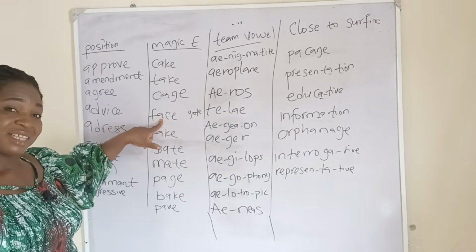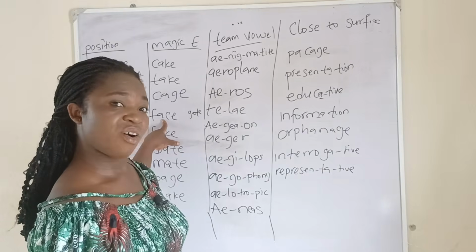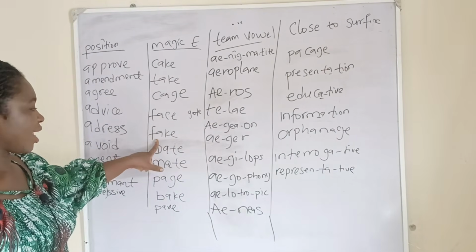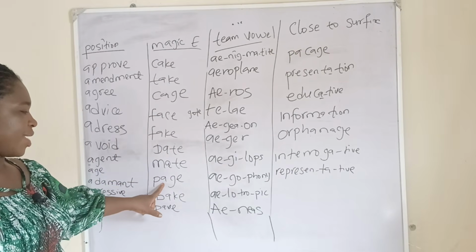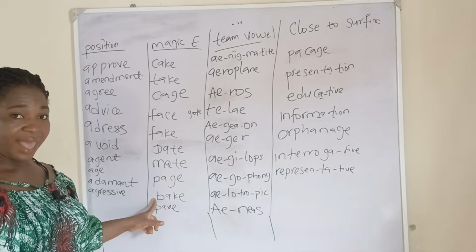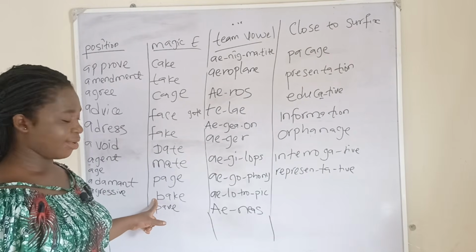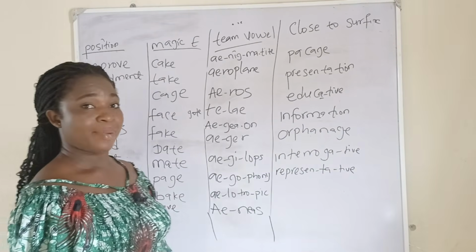Whatsoever appears here that happens to be a vowel sound, we definitely call it the long sound of the vowel. So we have face, fake, date, mate, page, and not pa, page. We have bake, and not back, bake. We still have pave, and not pav.